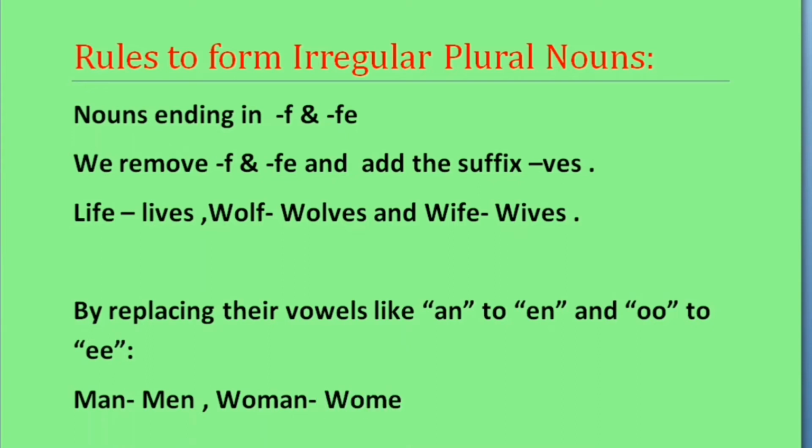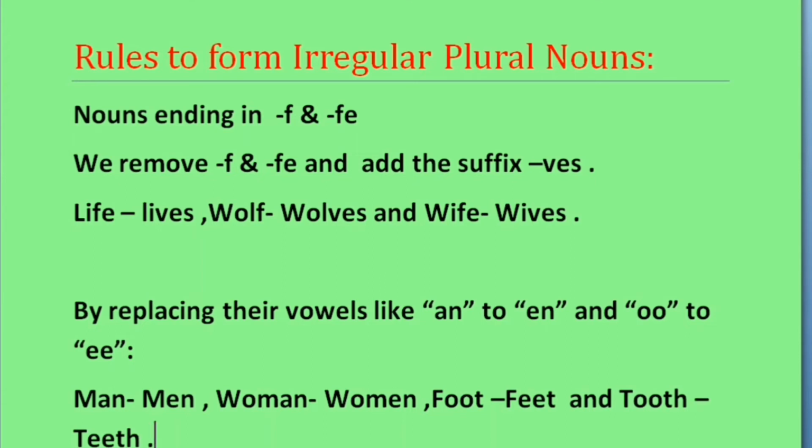So we are again removing the a and adding e, which is becoming plural, that is women. We can take the next example where we change the singular to plural by just removing the double O. So foot, we remove double O and put double E and make it plural, feet. We can take another example of the word tooth. Again, we have double O and we remove double O and put double E to make it plural, teeth.